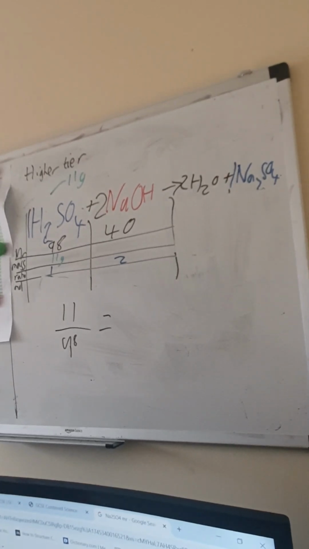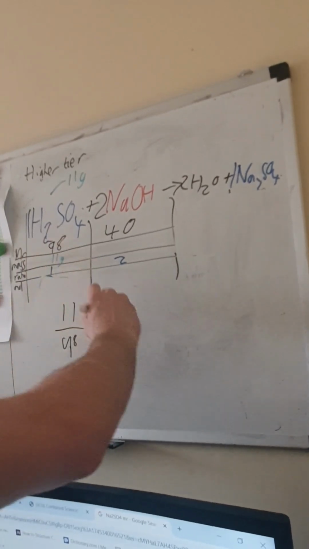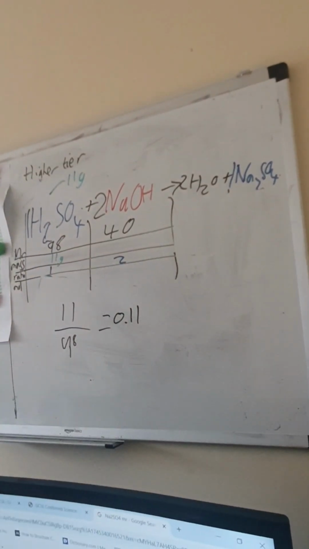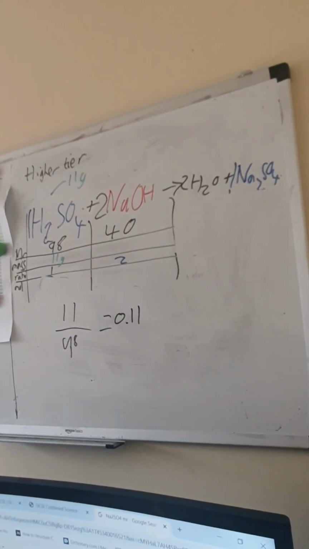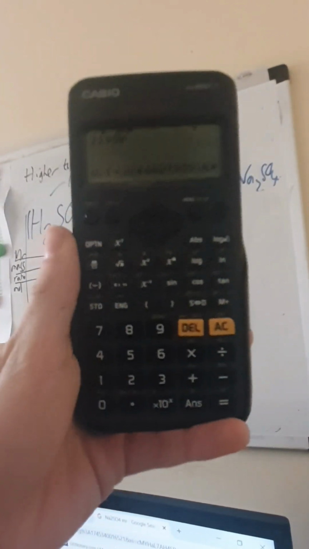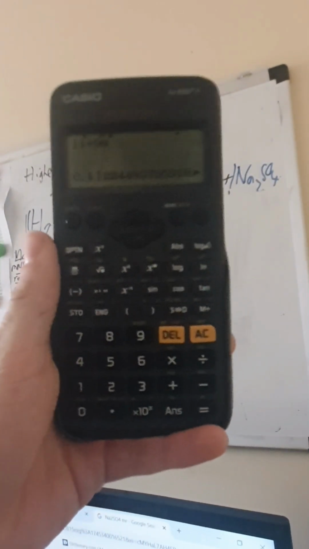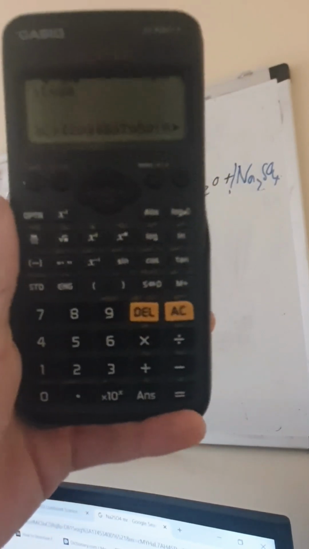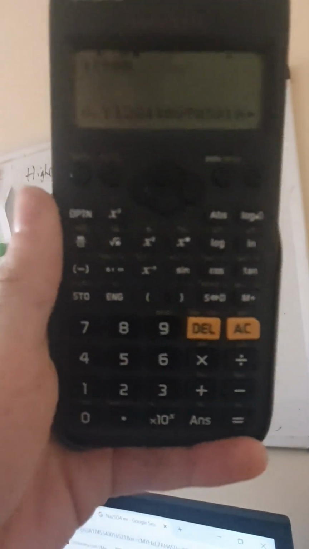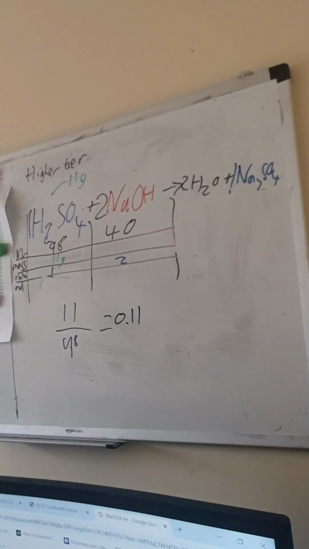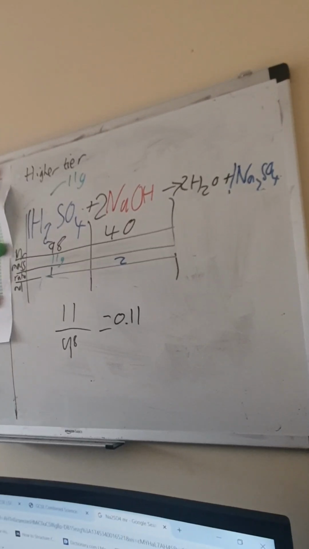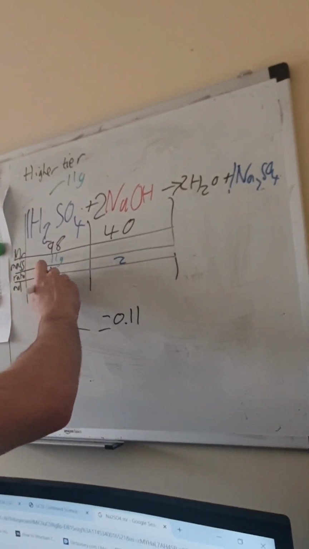And that is a horrible number, but we're doing it to 2 decimal places. 0.11. On the calculator it actually says 0.1122449. It's a long, horrible number. So just do it to the first 2 decimal places. Okay? And so that is 0.11 moles.